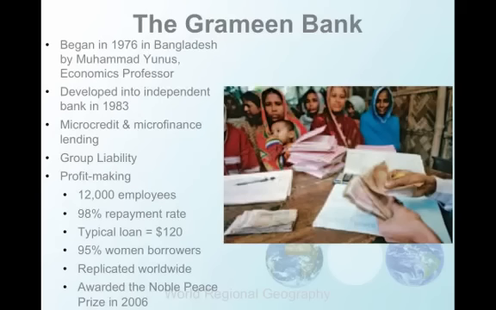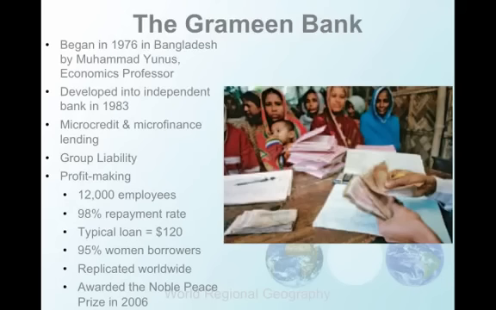The Grameen Bank was developed into an independent bank in 1983, and it specializes in microcredit and also microfinance lending. So it will give relatively small loans to women, and women work in groups. Sometimes about 15 to 20 women are in a group.